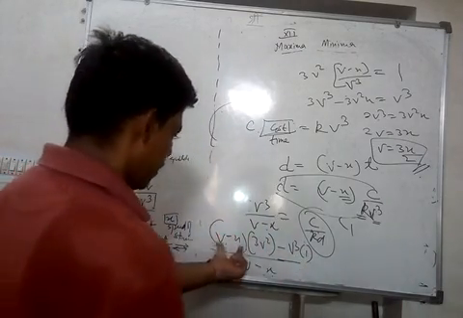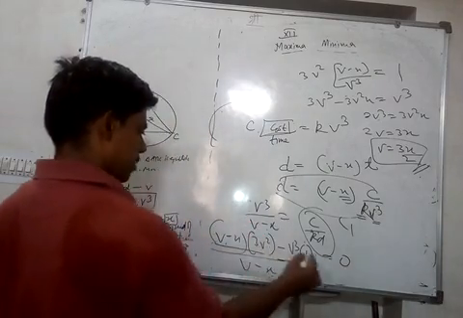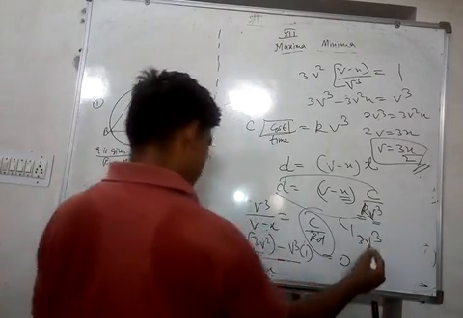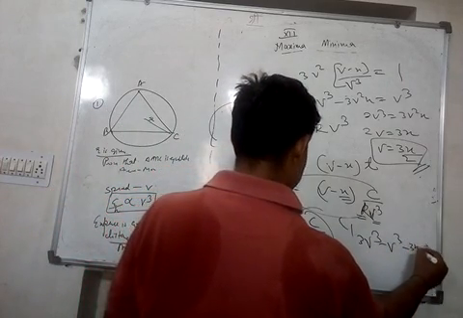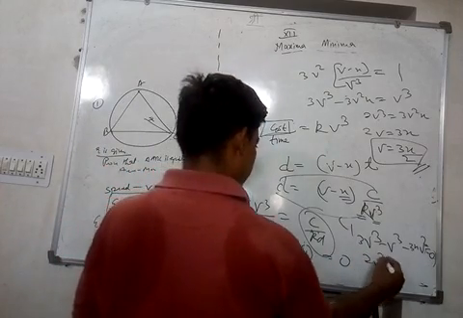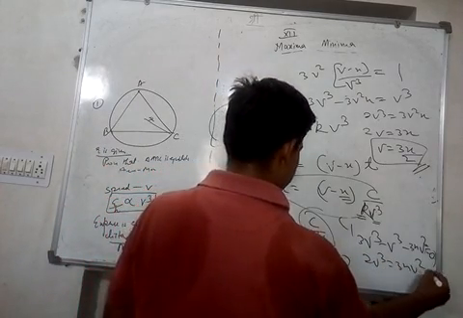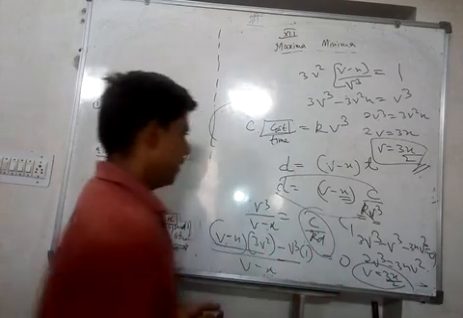So you multiply this and you get the exact answer. This is equal to 0. So you get what? 3v cube minus 3x v square minus v cube is equal to 0, and this is 2v cube equals 3x v square, and we can get the same answer, 3x by 2.